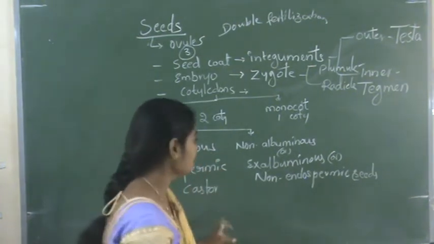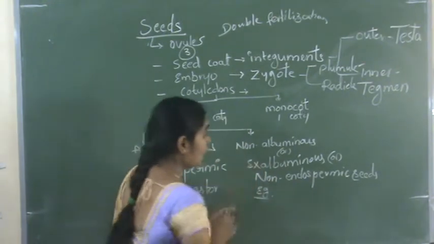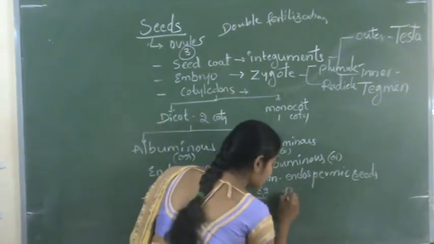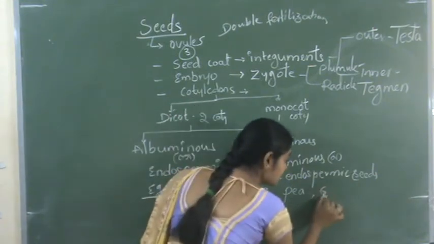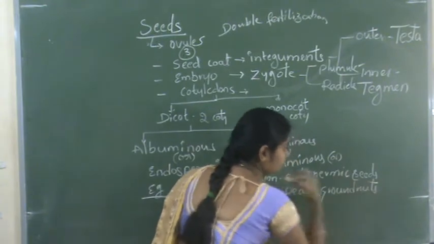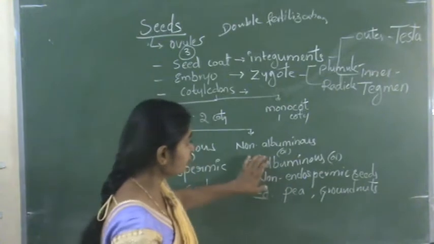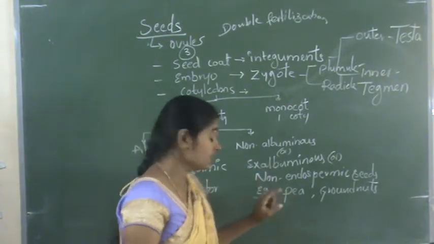Example, castor seeds. For non-albuminous or non-endospermic seeds, the examples are pea and groundnuts.